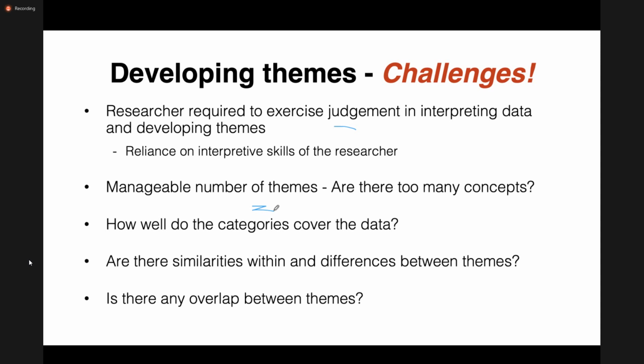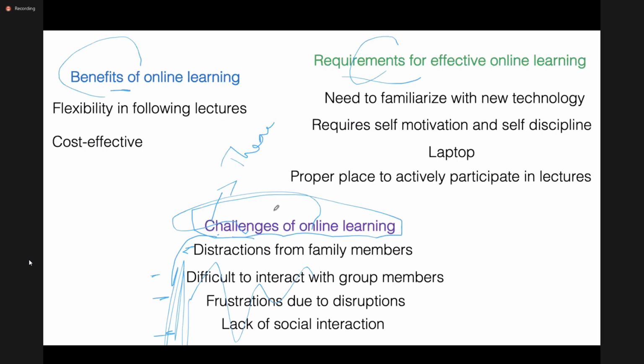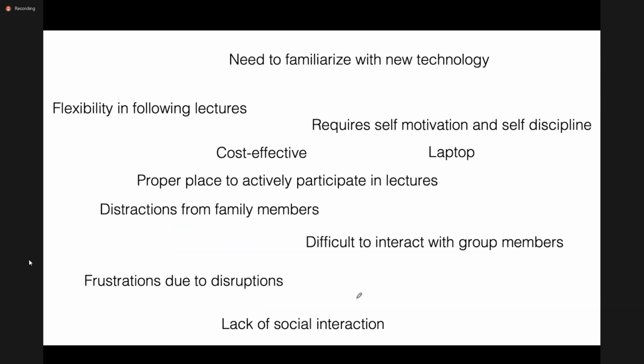And at the same time, we have to make sure that the themes, the categories that we come up with, they cover all of the data. Say, for example, after you have developed the themes, if you still have some codes left over, this code doesn't belong to any of my 3 themes.